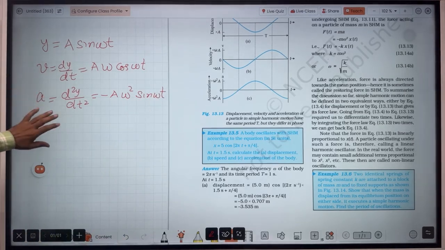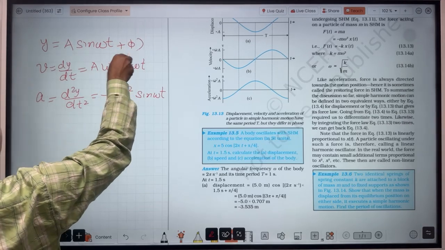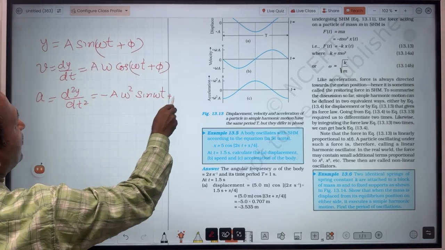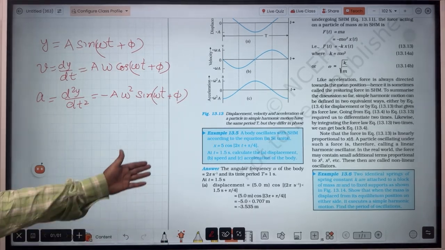These are the basic equations to find velocity and acceleration. They can be maximized or minimized as per our requirement. If some angle phi is given, it will appear in both, and we can do the evaluation accordingly.